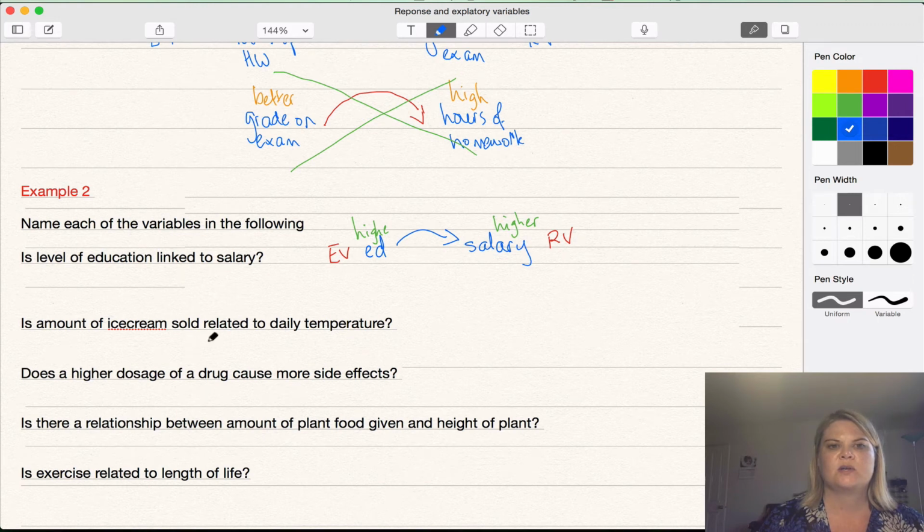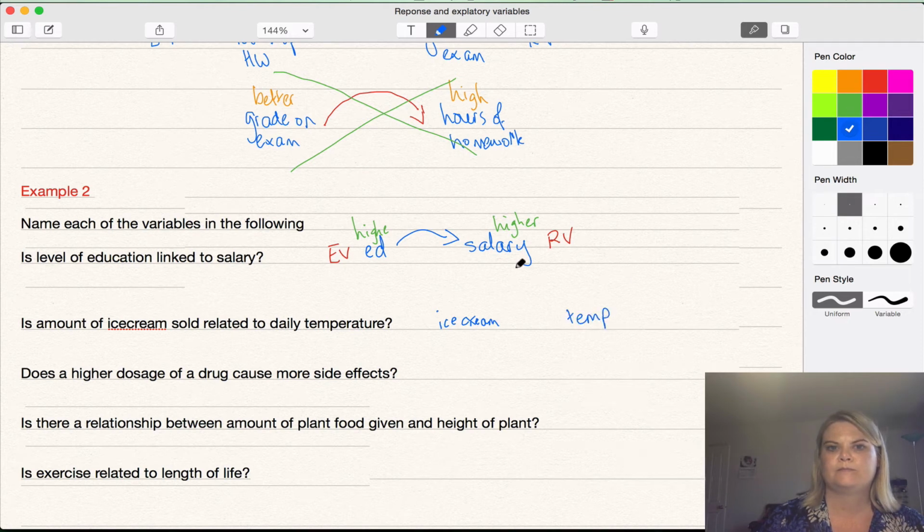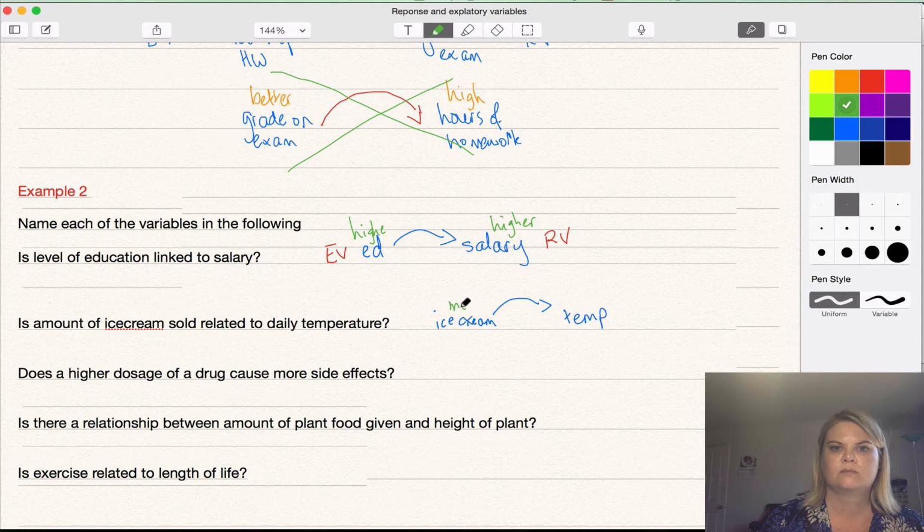Amount of ice cream sold related to daily temperature. More ice cream sold on hot days.